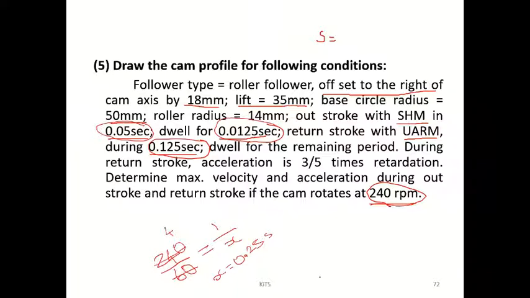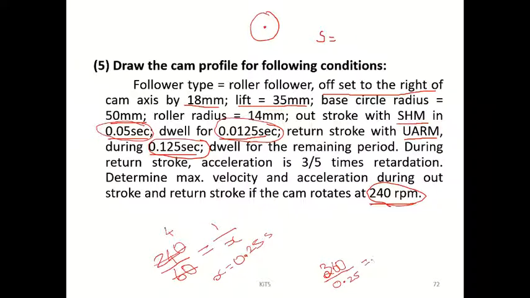In one complete revolution, it will cross 360 degrees. So 360 degrees for 0.25 seconds.